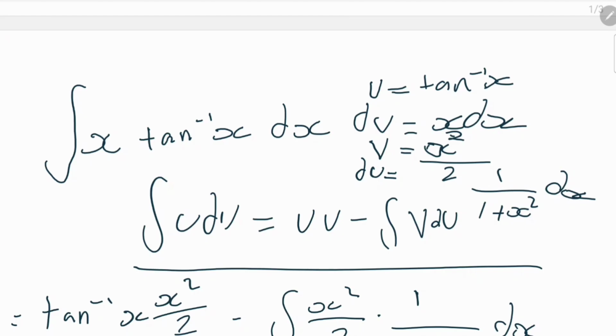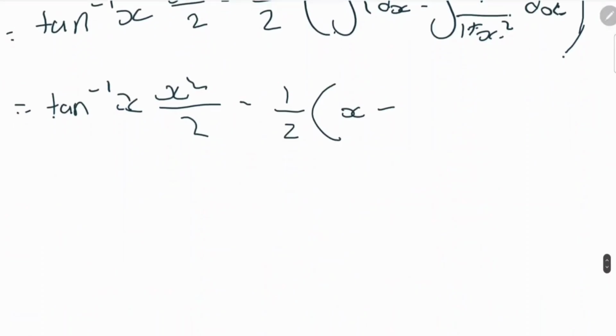So that means that the integral of du is u, and so if du is 1 over 1 plus x squared dx, oh my gosh, it's just going to be u, which is tan to the negative 1 x.